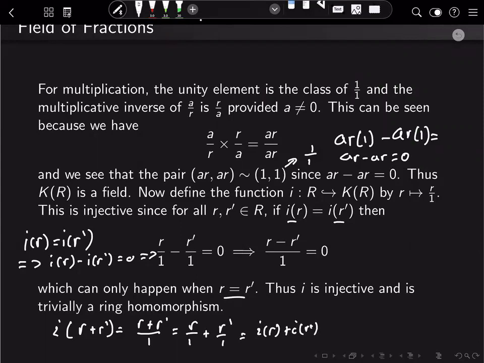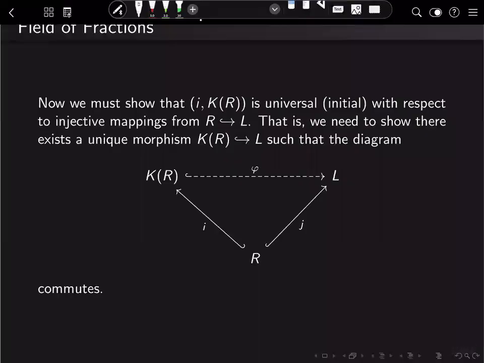So it's an injective ring homomorphism. The last thing we have to show is that we have our injective ring homomorphism from the previous definition, and this is from the previous construction.